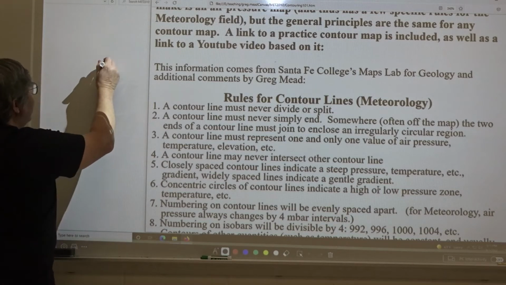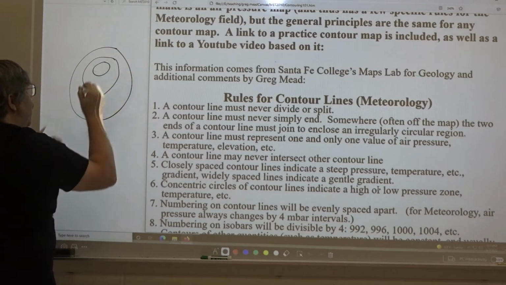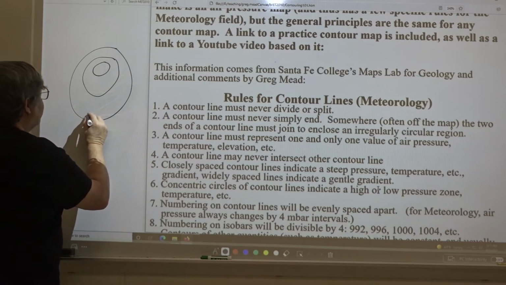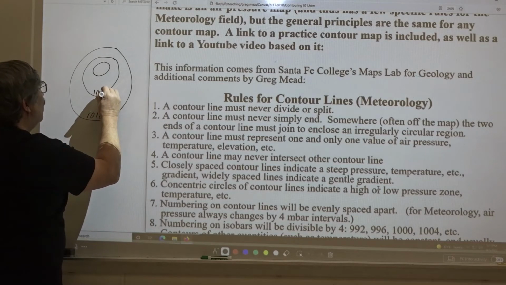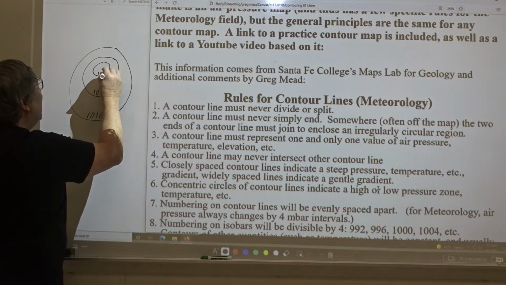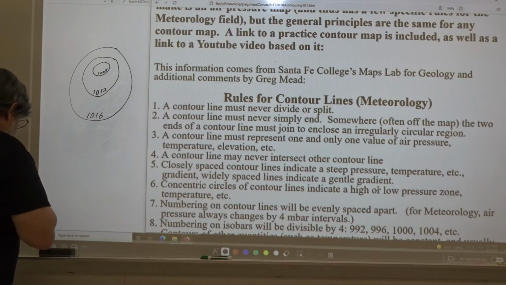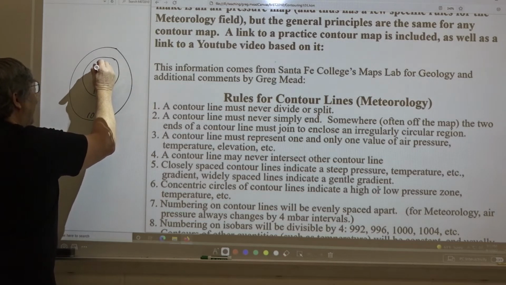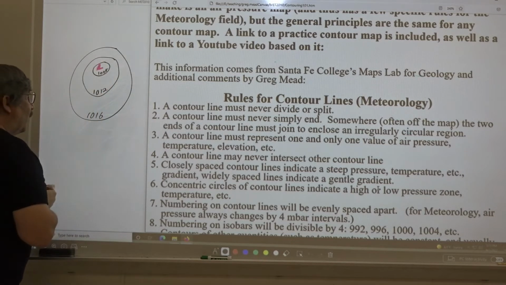And so if you see a series of concentric contours like this, you will always, if you look at the numbers, you will see something like 1016, 1012, 1008, and obviously that means that this is a low pressure zone, and you would wind up putting an L there to indicate that this is a low pressure zone.